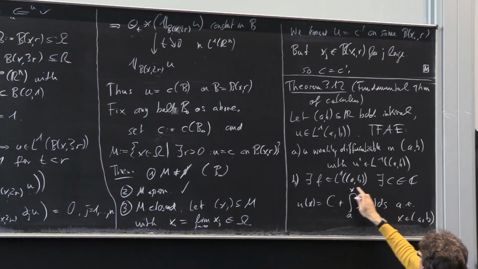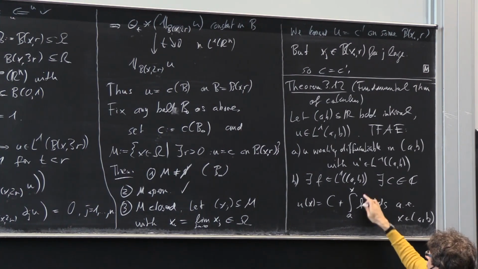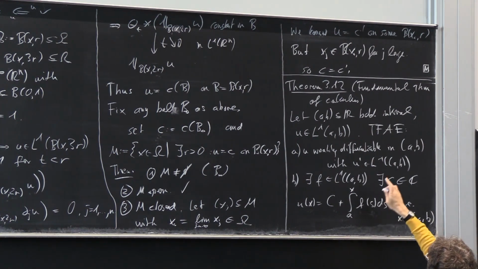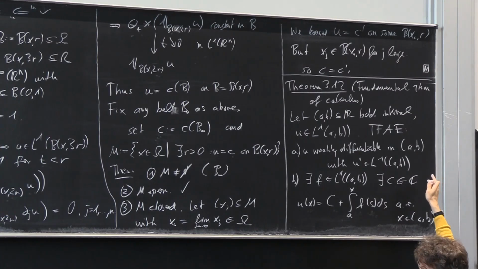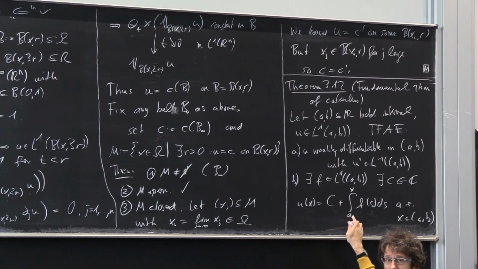And this function here is continuous in x. This is an integral of an integrable function, so this is a continuous thing. Now, okay, what does that mean? That means if you have a weakly differentiable function in L1 and the derivative is also in L1, then u has a continuous representative.